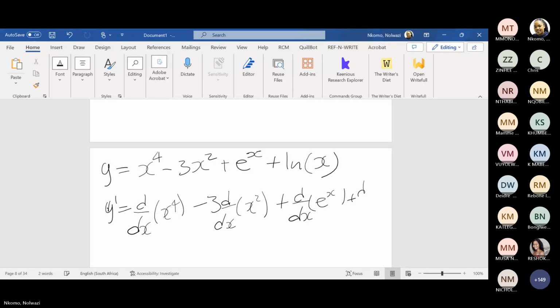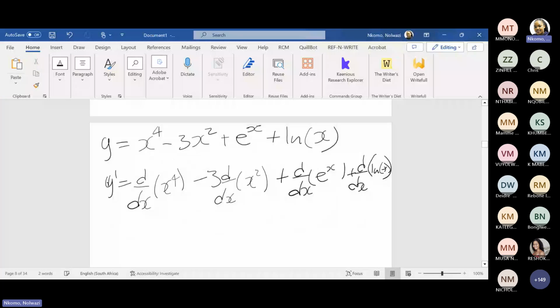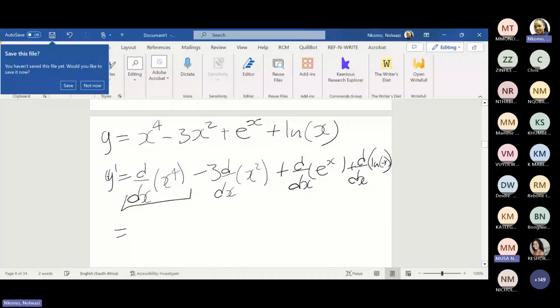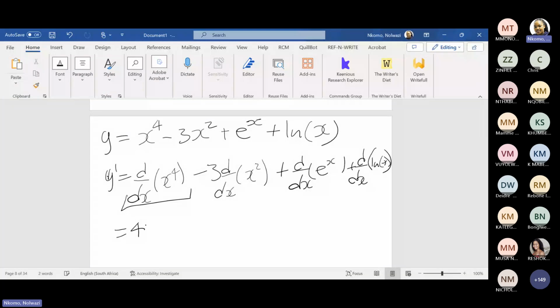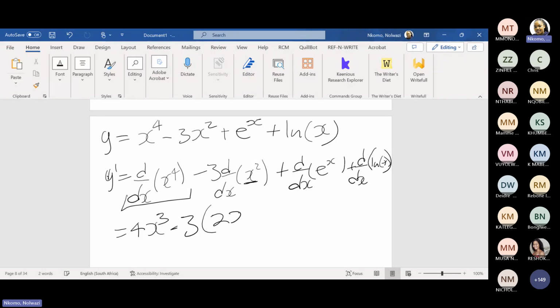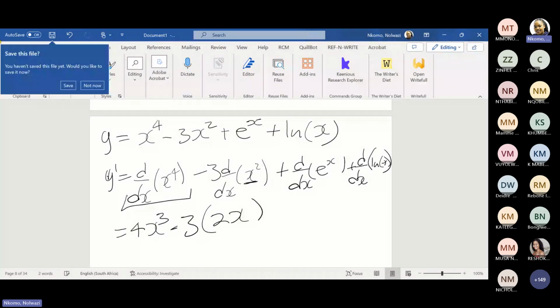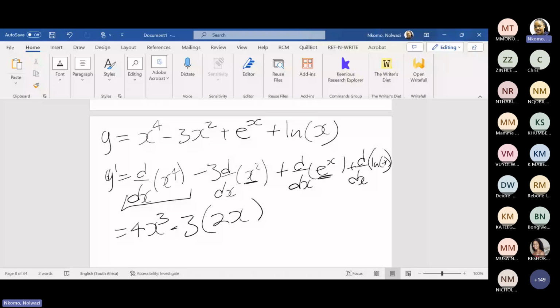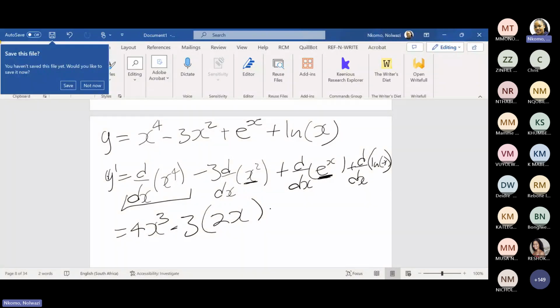Here you apply the power rule and you obtain 4x cubed minus 3 times 2x, right? Here we said the derivative of this function is this function, so we have plus e to the power x. The derivative of this function is 1 over x, plus 1 over x.